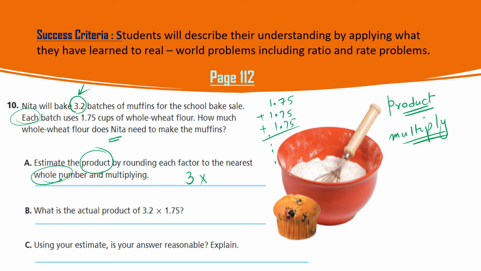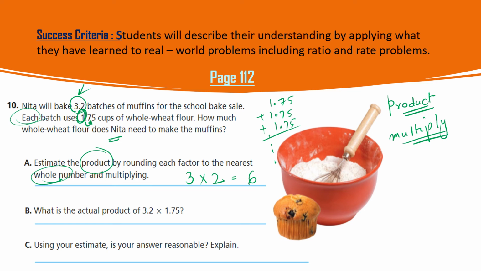Then multiply 1.75. After the point, the decimal is bigger than 5, so you will add 1 to the digit before the decimal. So 1 plus 1 is 2. Multiply 3 times 2 is 6.